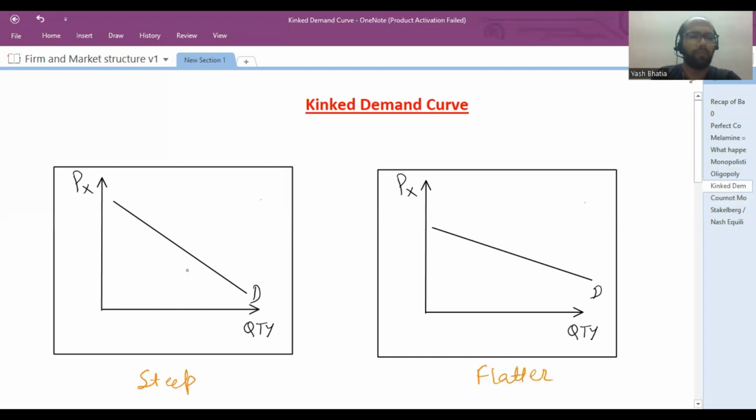Okay, so what happens? Let's say that we are operating at price P1. This price P1 is here. This is our quantity, this is our demand, and let's say this is the quantity at which we are selling our product. Now if I increase my price from P1 to, let's say, P2, this is the increase in price that I'm making.